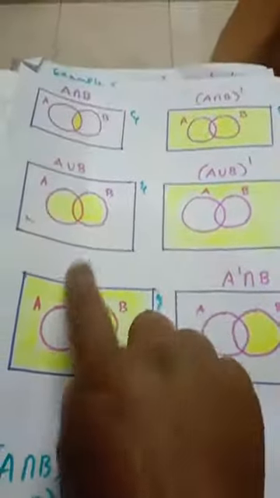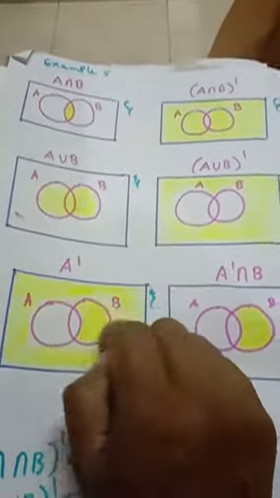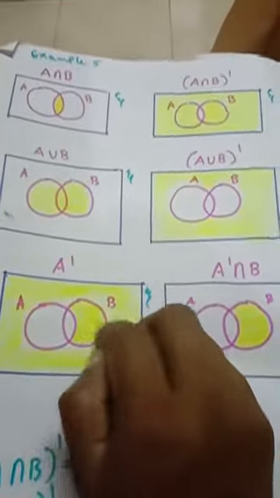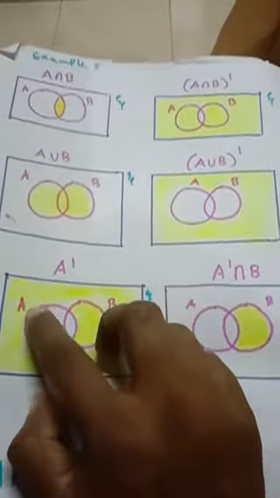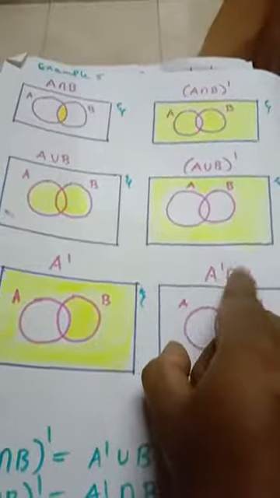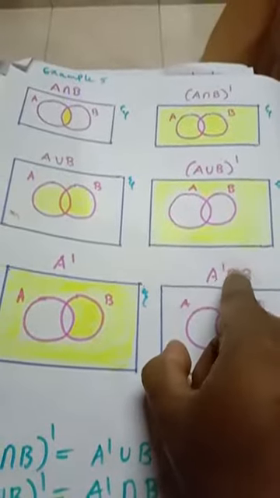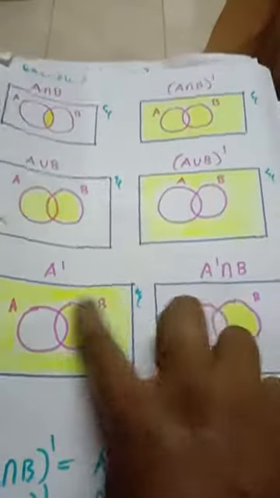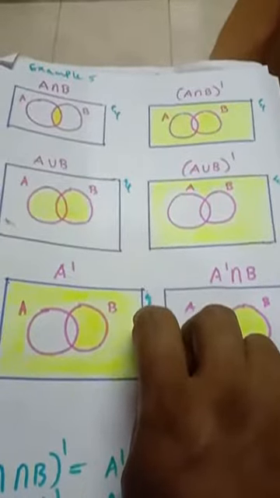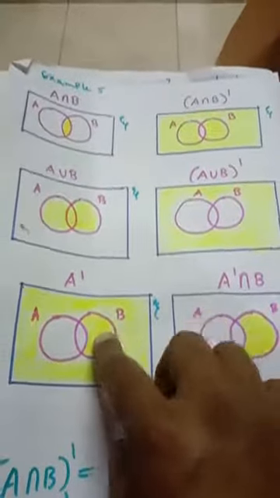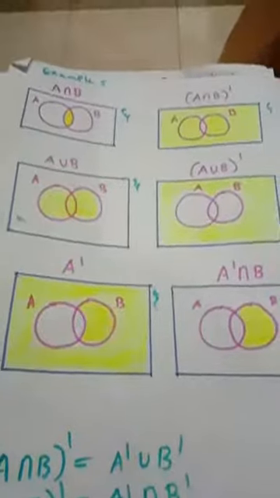This A dash means not in A. Not in A means all other portions, B and the universal set. Then A dash intersection B means common to that B also. So that is B itself. Okay.